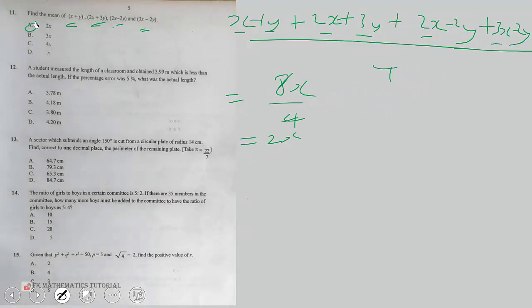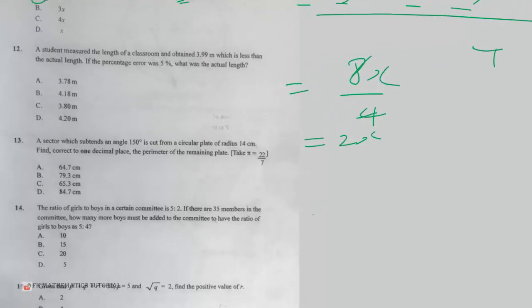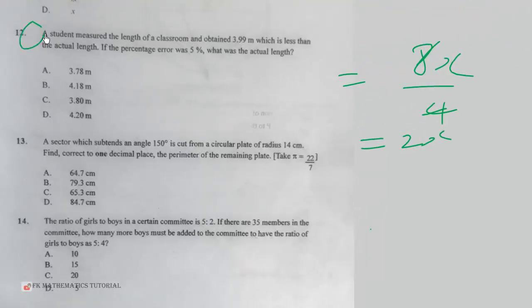A student measured the length of a classroom and obtained 3.99 meters, which is less than the actual length. If the percentage error was 5%, what was the actual length?